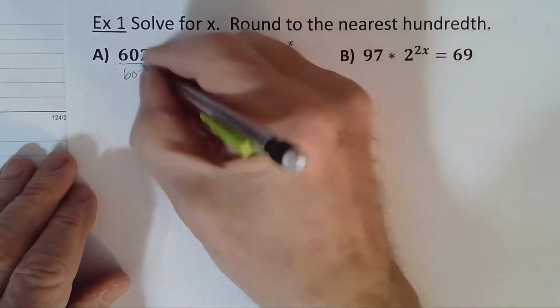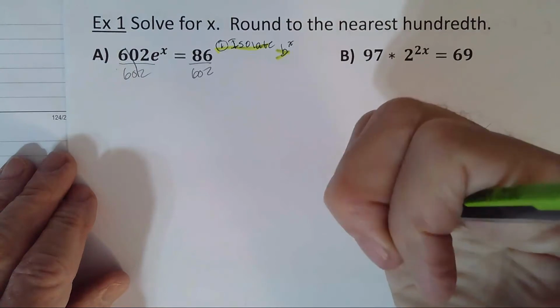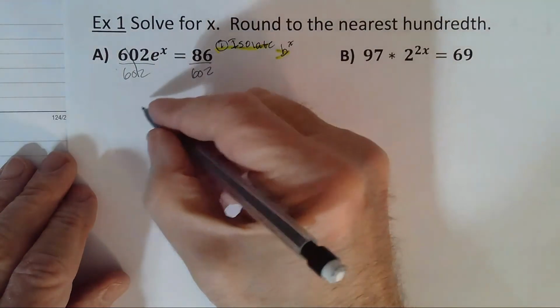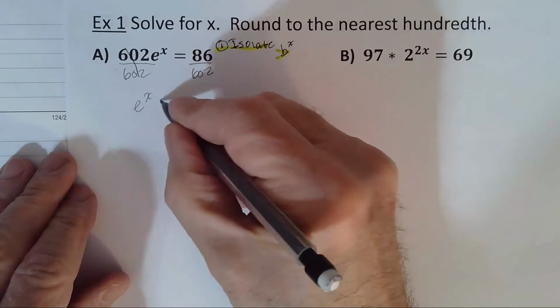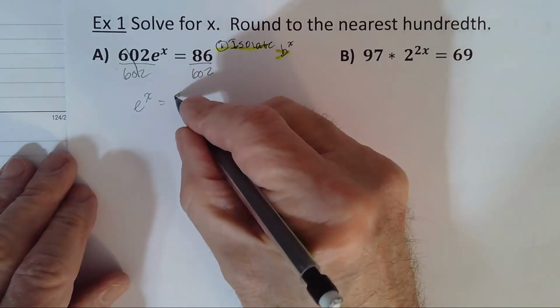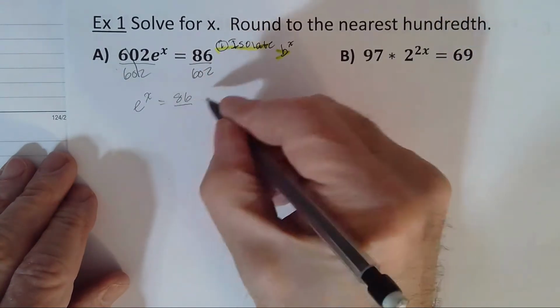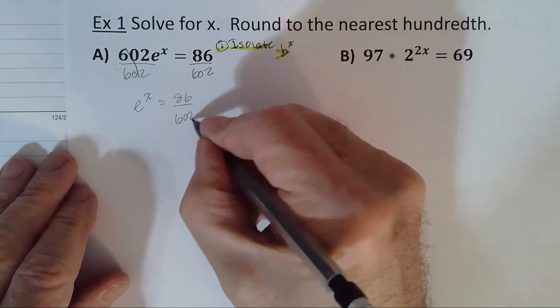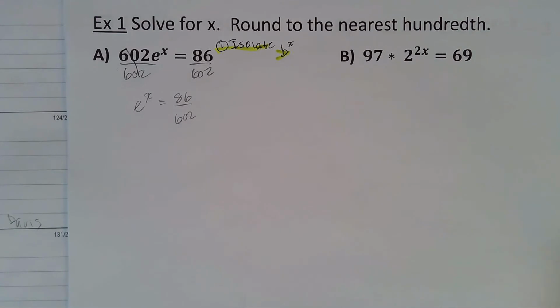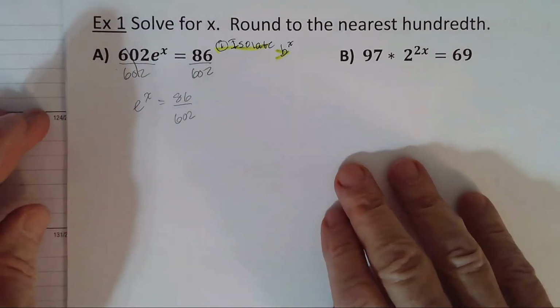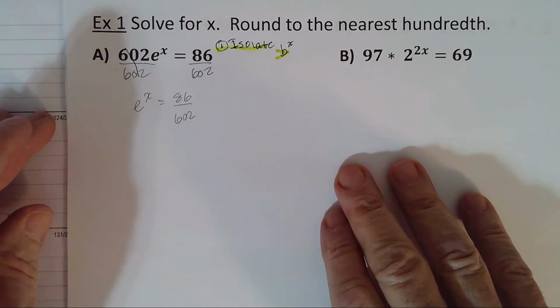And of course, the 602 divided by 602 cancels on the left. And that leaves me with e to the x equals 86 divided by 602. Now, what we're going to do is what we talked about when we were dealing with log properties previously.